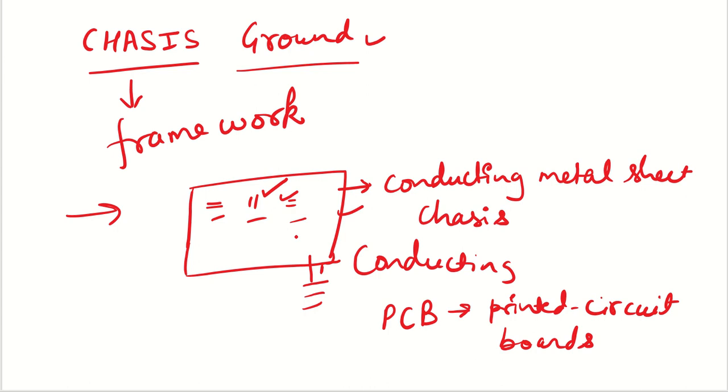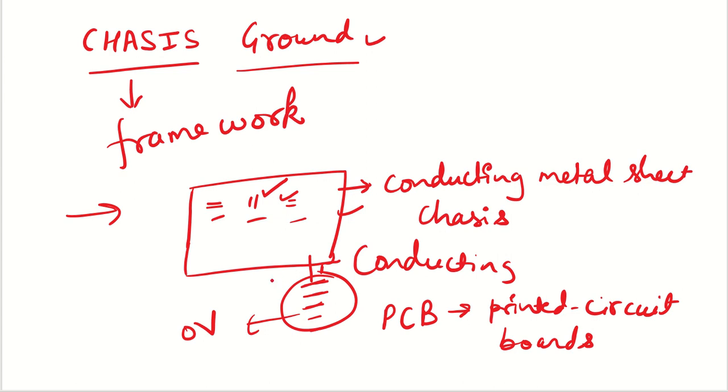Now, these circuit voltages are measured with respect to the chassis ground voltage. And you know that once we put something on the ground, we consider the voltage to be 0 volt, that is, zero potential, right?